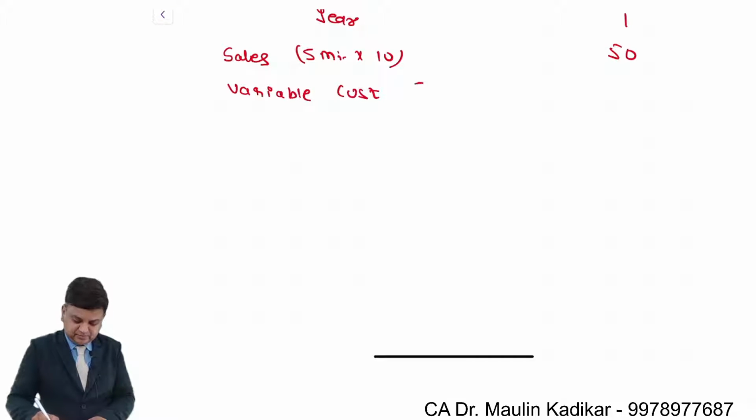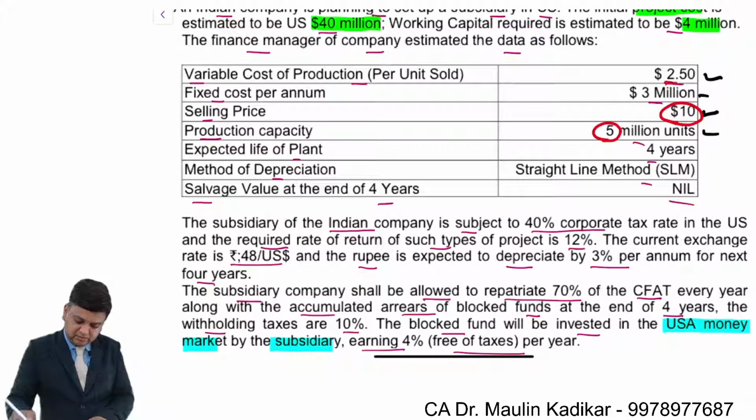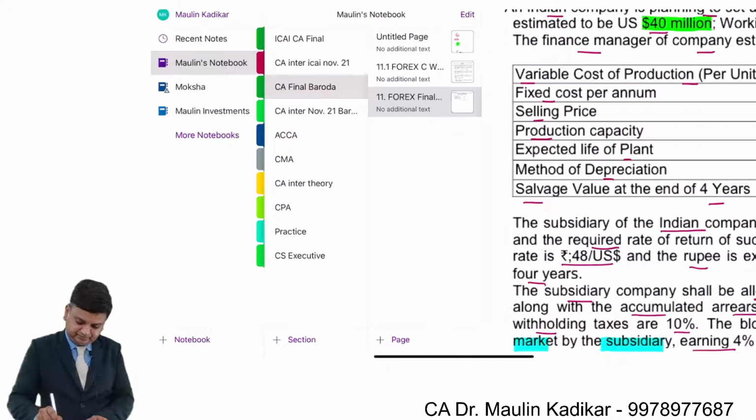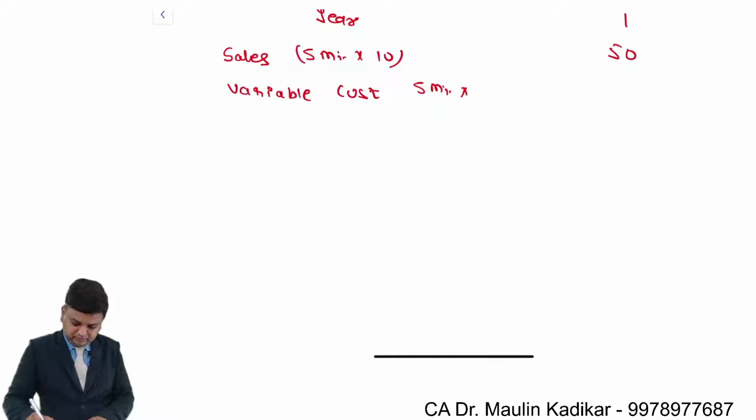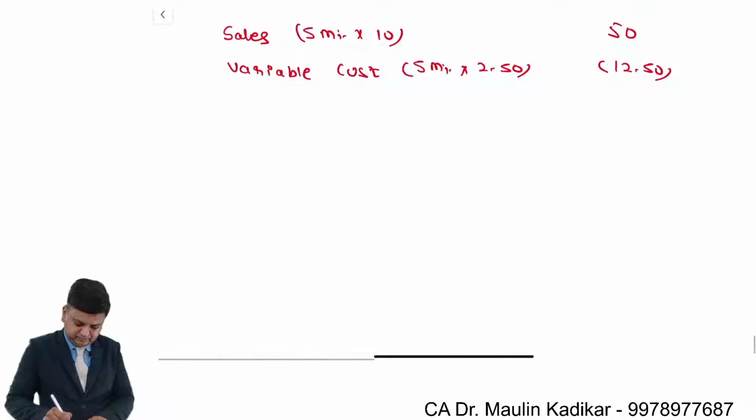Variable cost, 5 million into 2.5, 12.5. Cash fixed cost is 3.